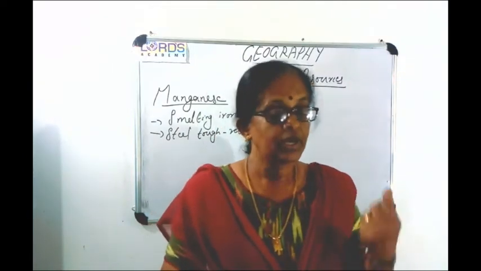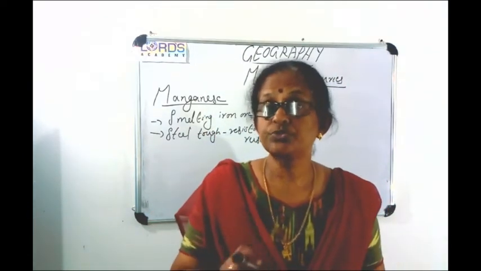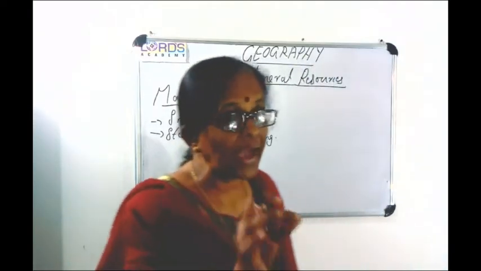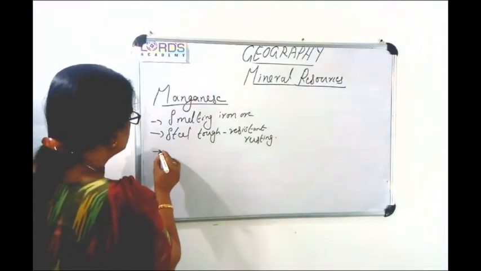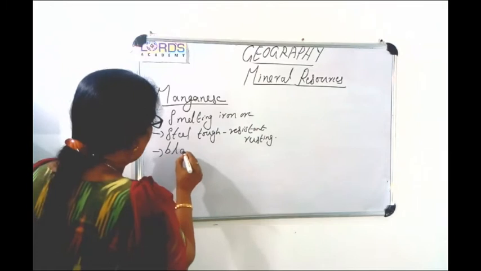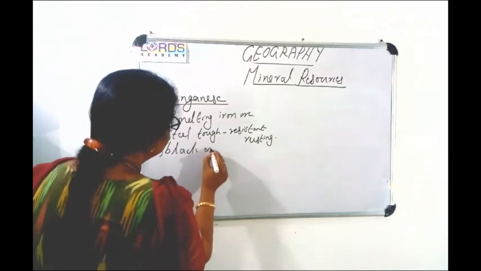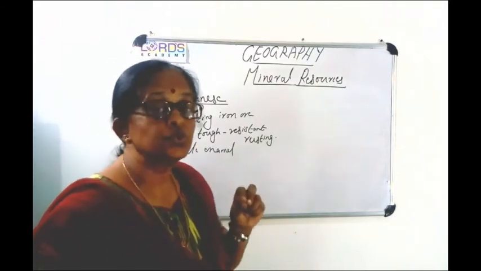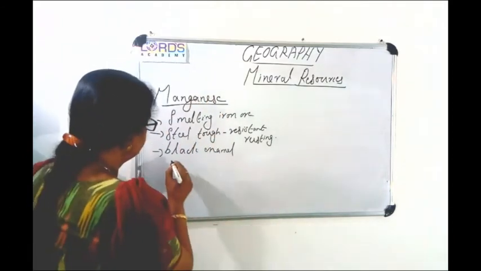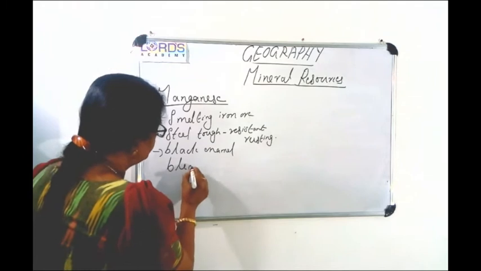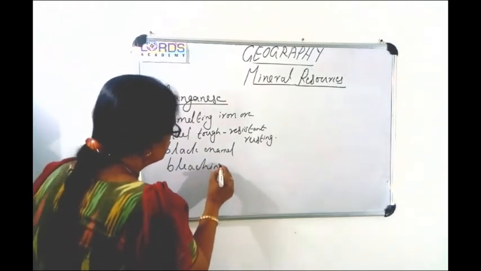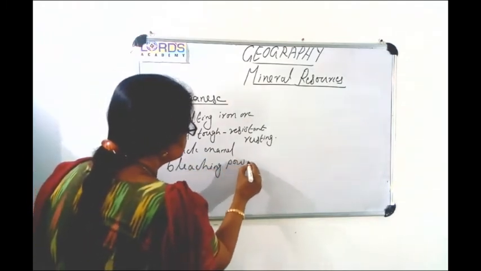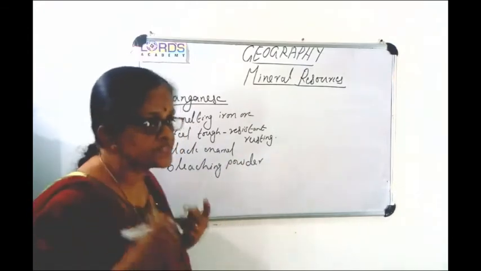And the second point, it is used to manufacture black enamel. And in chemical industries, it is used to manufacture bleaching powder. See the uses of manganese. Many uses are there.